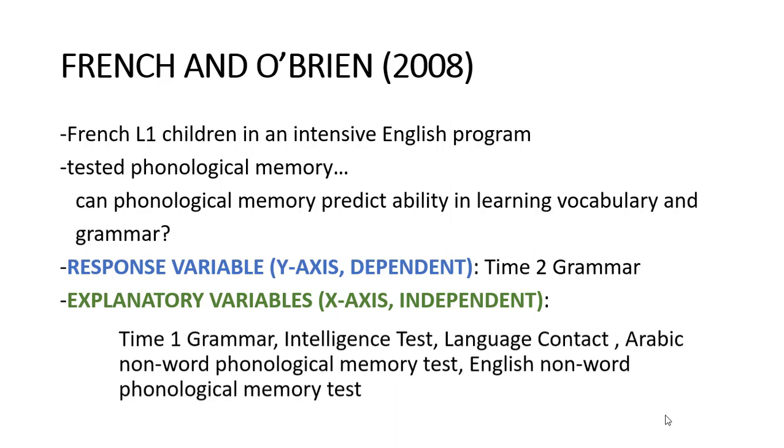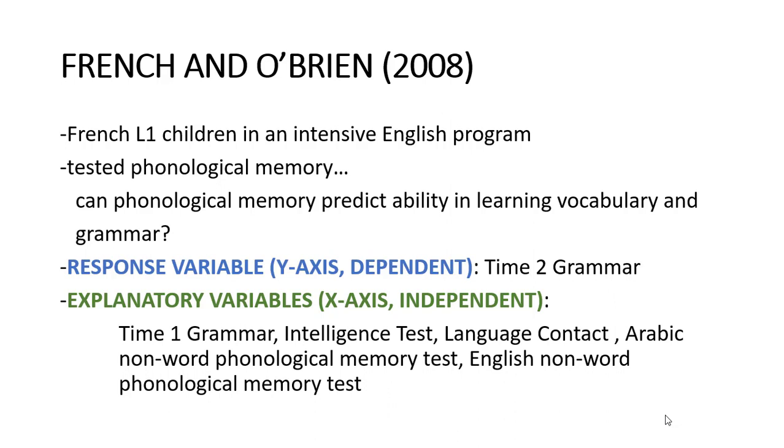He had several: time 1 grammar, intelligence test, language contact, Arabic non-word phonological memory test, English non-word phonological test. What we're going to do first, we're going to review how to do a correlation, and then we're going to run a simple regression with that particular correlation, and then we're going to learn how to run a multiple regression.